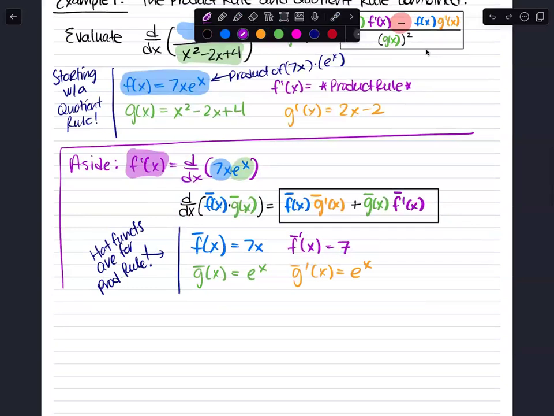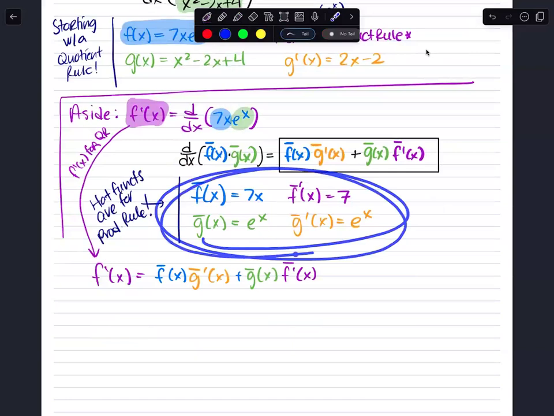Actually, I don't want to end it yet. I want to now evaluate f prime. This is this f prime, and this is f prime for the quotient rule above. So that is going to be f hat times g prime hat plus g hat times f prime hat.